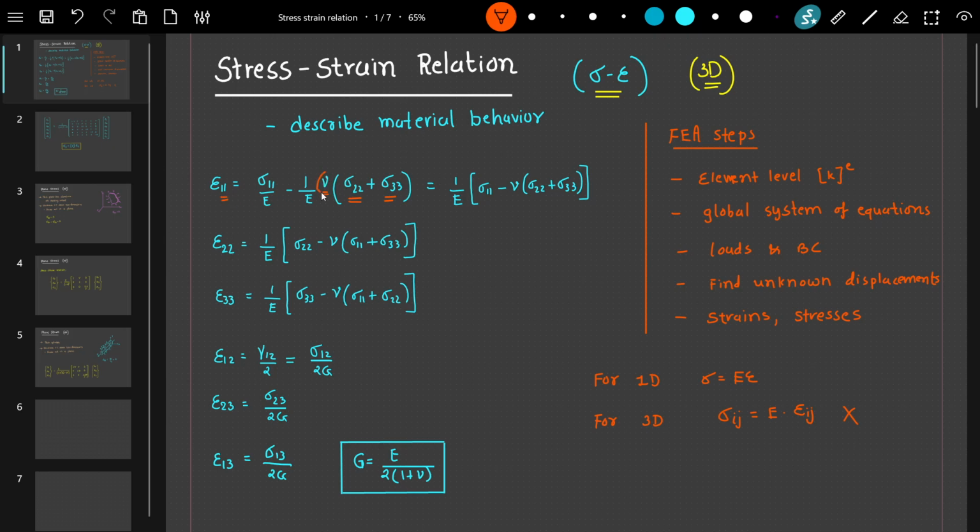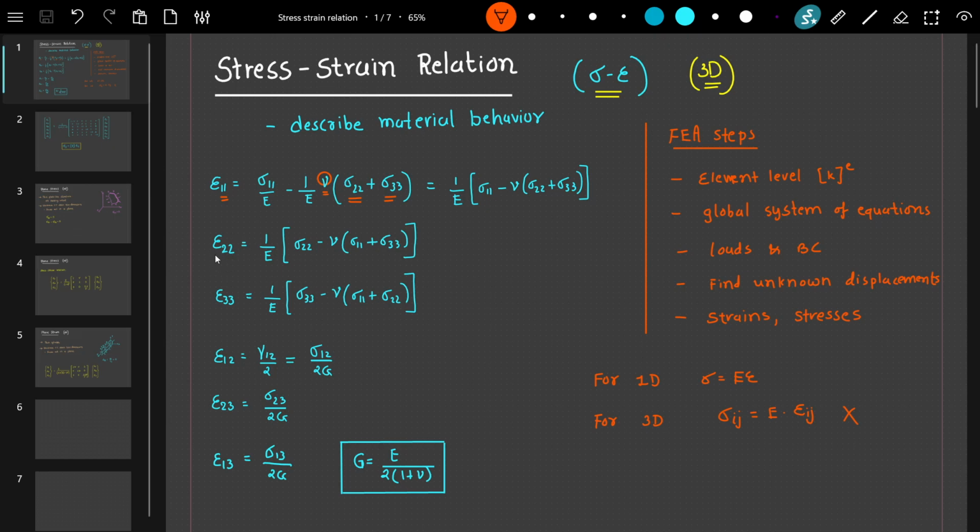That is called Poisson's ratio, and that is the reason we can write epsilon 11 as sigma 11 by E minus 1 by E Poisson's ratio times sigma 22 plus sigma 33. Just rearranging the terms, epsilon 11 is equal to 1 by E times sigma 11 minus nu times sigma 22 plus sigma 33.